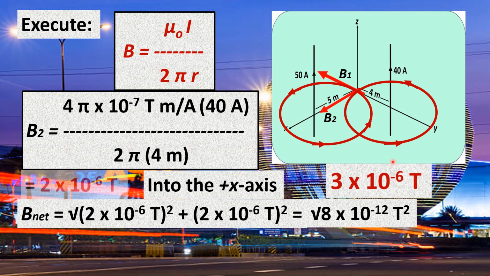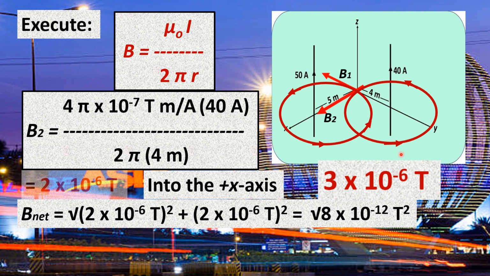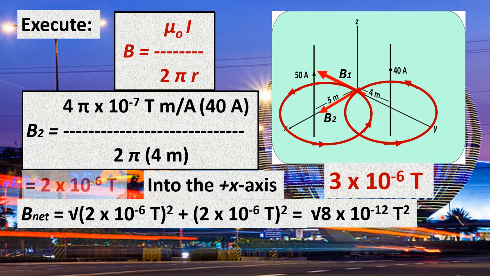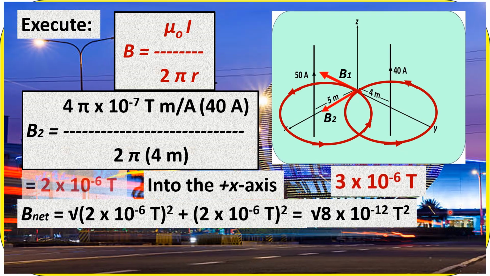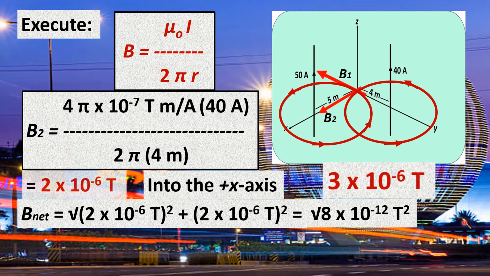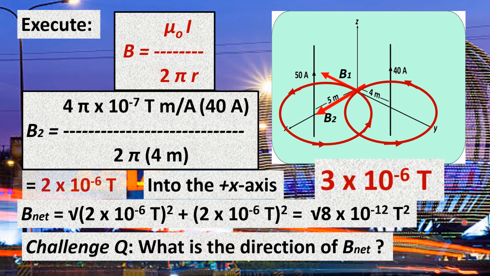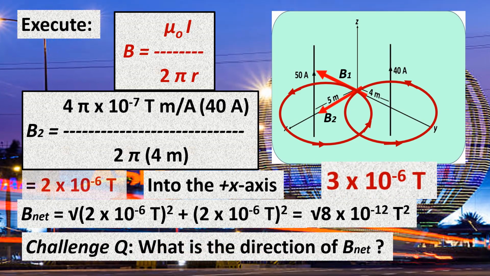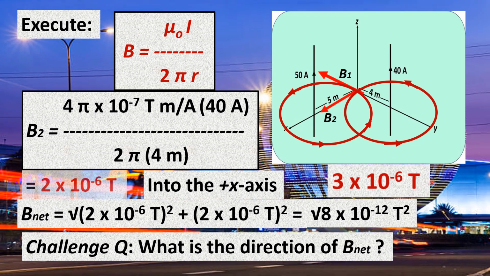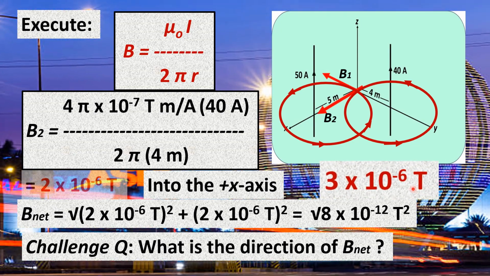Since they are of the same magnitude, and that they form a 90-degree angle, what do you think is the direction of this net magnetic field? So that's the challenge question for you. If you know the answer, just drop it in the comment section.